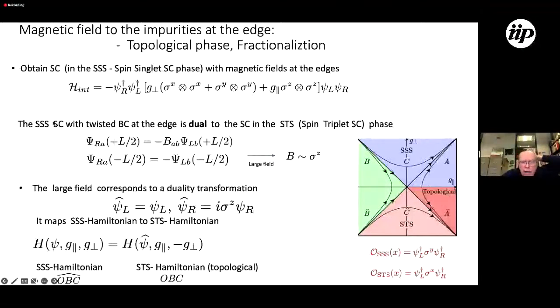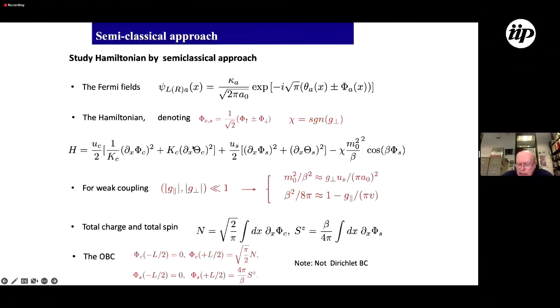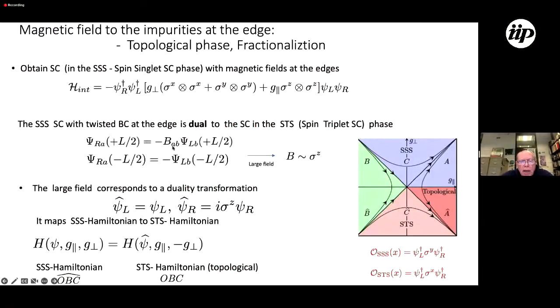And when I apply a magnetic field at the edges, I will drive it into behaving as though it was on this line. And the argument is very pretty. When I apply a magnetic field, it's like twisting the model and applying a twisted boundary condition rather than an open boundary condition.